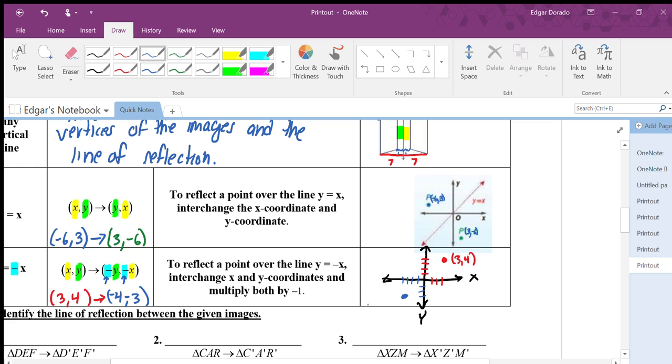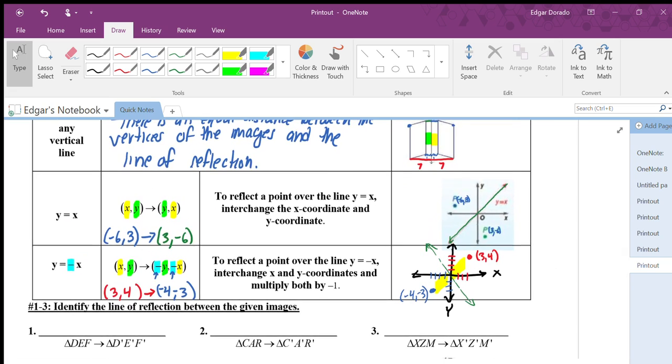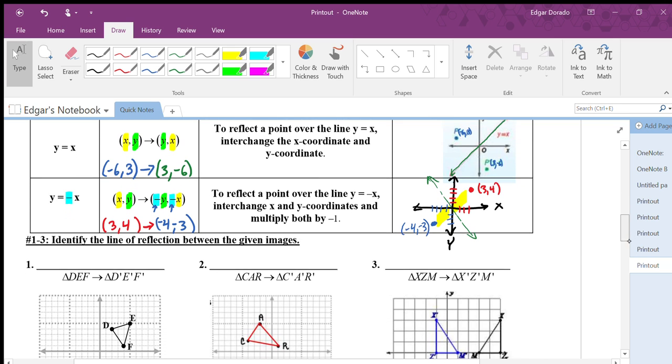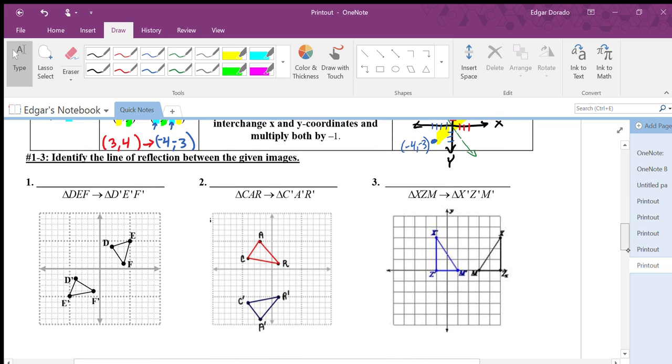Our new point is going to be right there, -4, -3, because our line of symmetry now is going to be something like that. Whereas before we had a line of symmetry, y equals x going this way, now it's going the opposite way. As you guys can see, the distance between here and here looks to be the same as the distance from here and here. So now we're not only incorporating rules for switching the coordinates, but now we're going to talk about distance and how that has to be the same in order for it to be a true reflection.